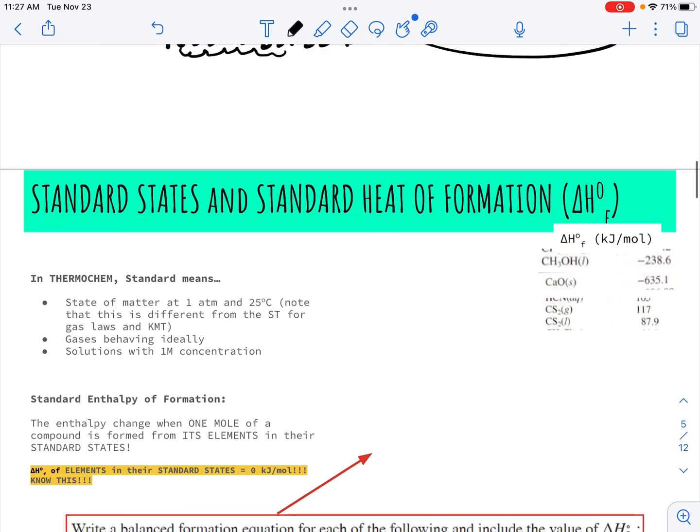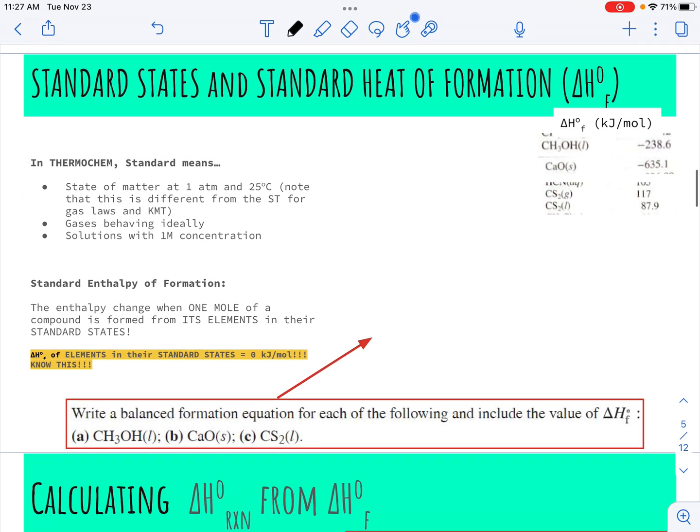Okay, so some things that are super important is that in thermochem, standard conditions, you have to be careful whether they're talking about conditions or standard state. But in thermochem, standard conditions are 1 atmosphere for gases, just like it was in gas laws. But for everything in thermochem, even gases, standard temperature is 25 degrees Celsius.